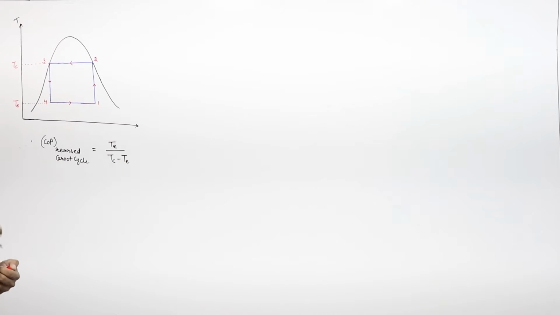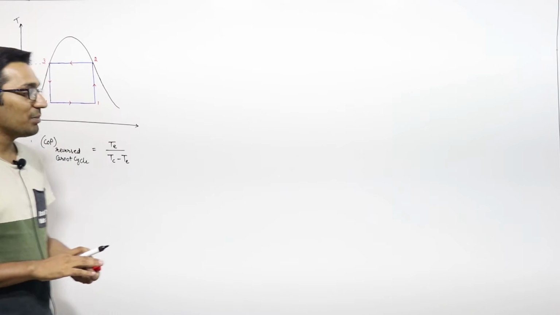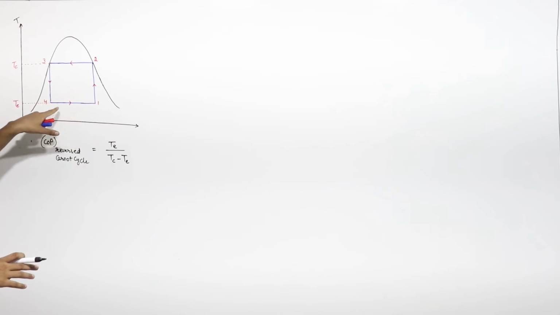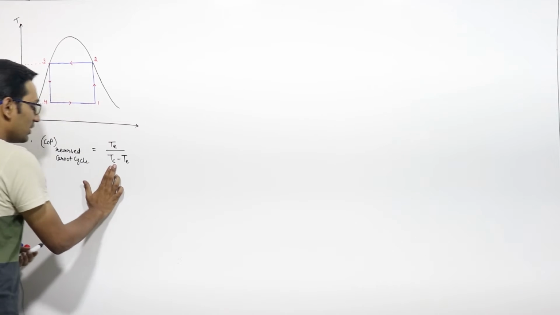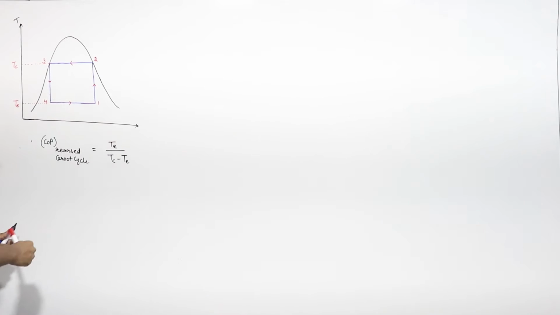TC is the temperature of the condenser and TE is the temperature of the evaporator, or you can say the storage device.